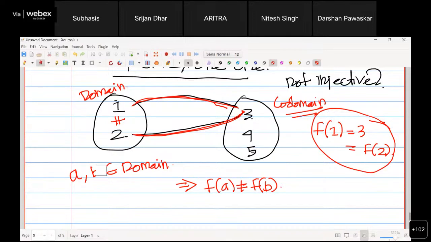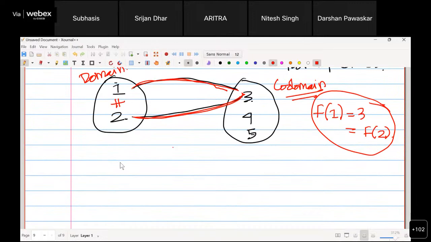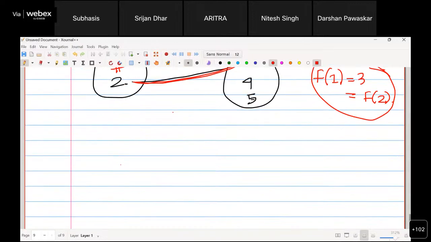I'll come to some general thing, but before that, let me try to draw a few diagrams, and from there itself let me tell you.